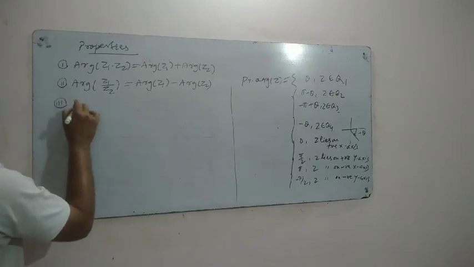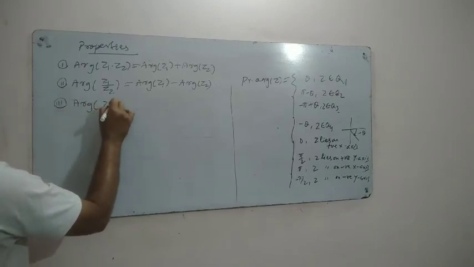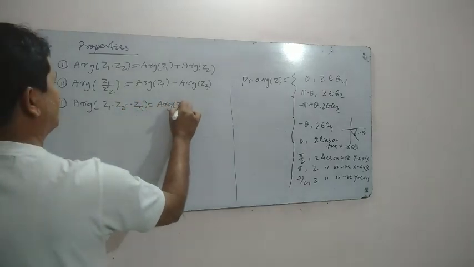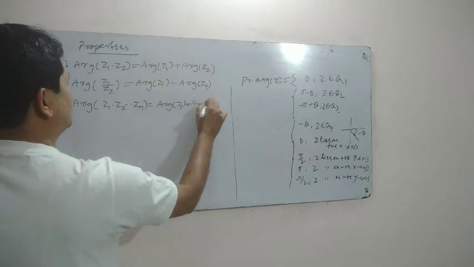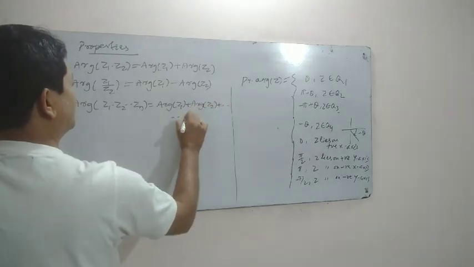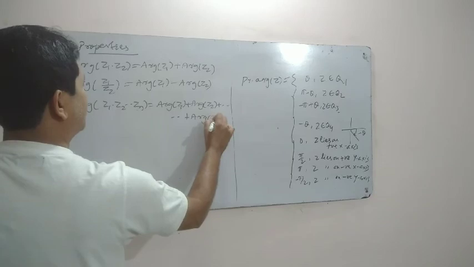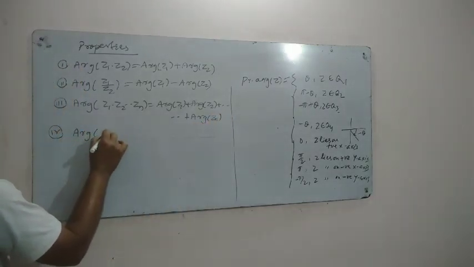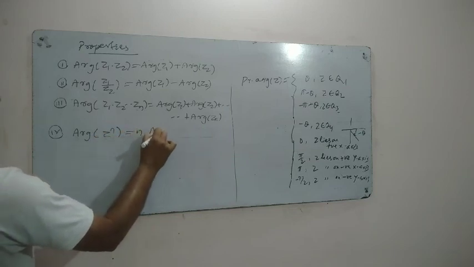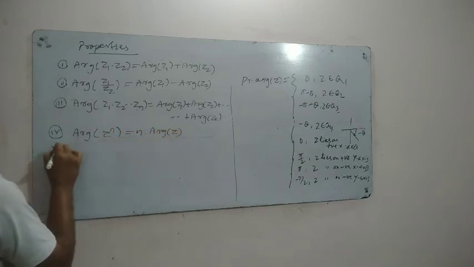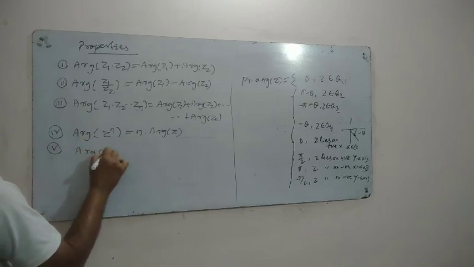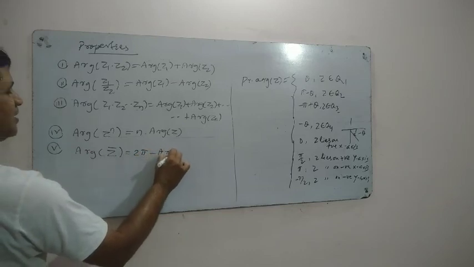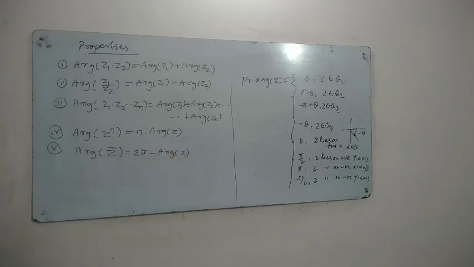Third, argument of z1 into z2 up to zn equals argument z1 plus argument z2 plus up to argument zn. Fourth, argument of z to the power n equals n into argument of z. Fifth, argument of z conjugate is equal to 2 pi minus argument of z.